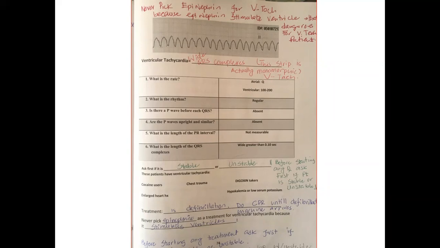Again, I want to recap it. Before starting any treatment, we first ask whether the patient is stable or not stable. Keep in mind, if there is no tissue perfusion or blood pressure, or an abnormal pulse rate, it indicates the patient is unstable.